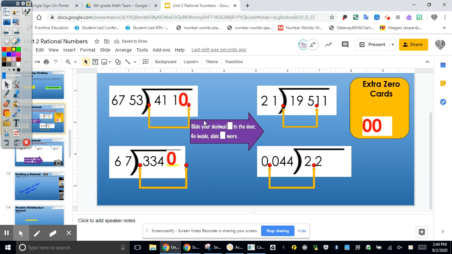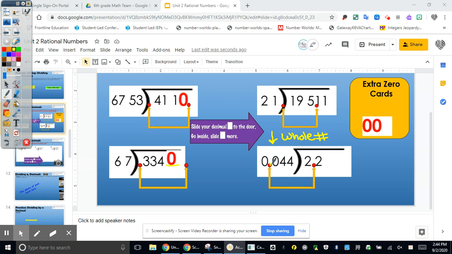All right, last one here. Remember, we're getting the hang of moving this decimal. So we need to slide the decimal to the door. That means we're going to look at the outside number and see how many times we need to move this decimal here on the outside to make the divisor, the outside number, a whole number. Okay, so I'm going to count.